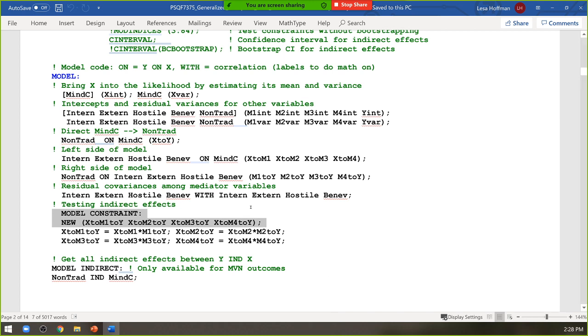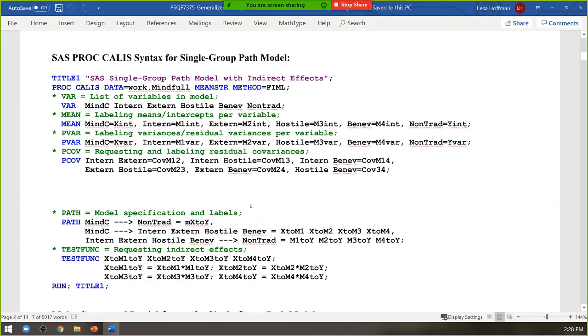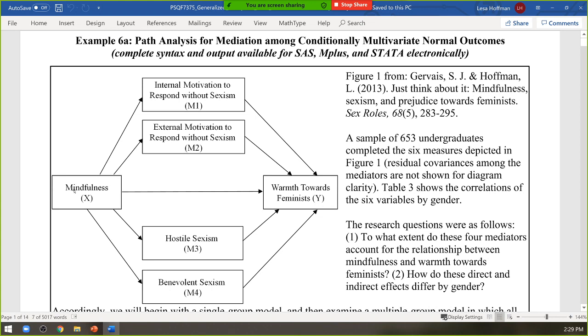So to be able to get the indirect effect, let me scroll back up here just a second. So the idea of whether or not the relationship between mindfulness and warmth towards feminists is in part due to motivation to respond without sexism, for instance.